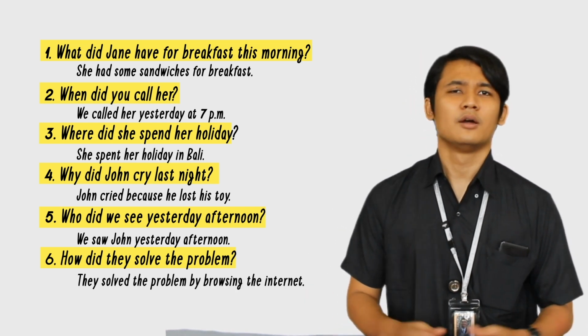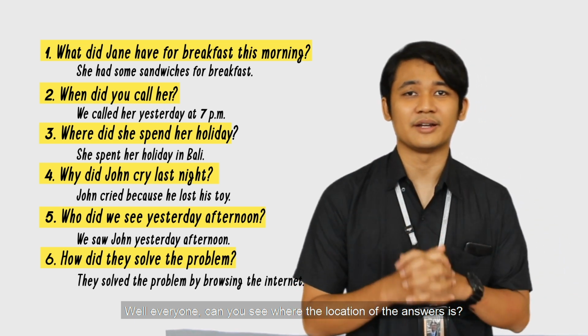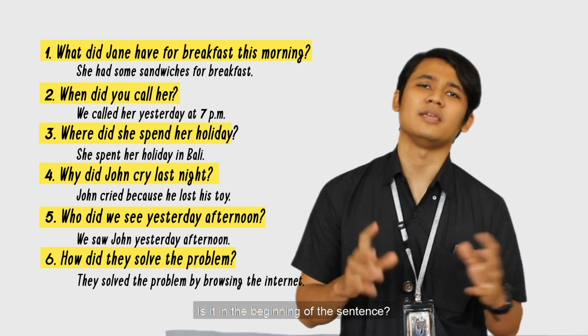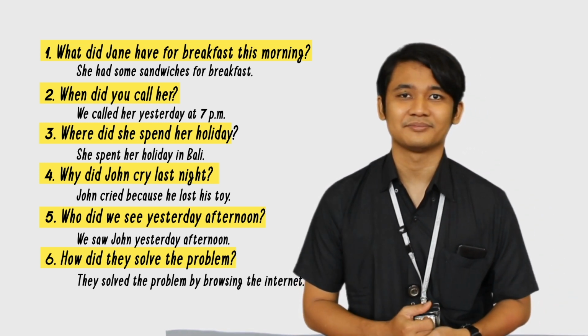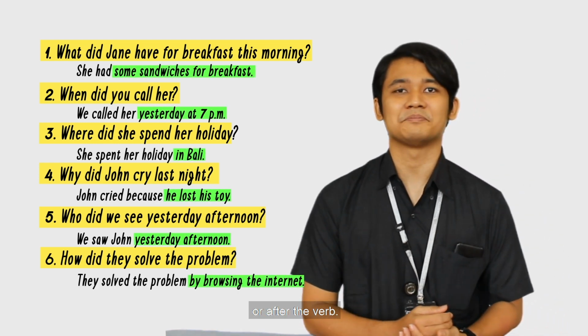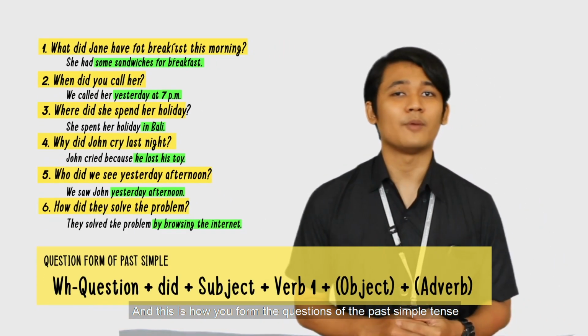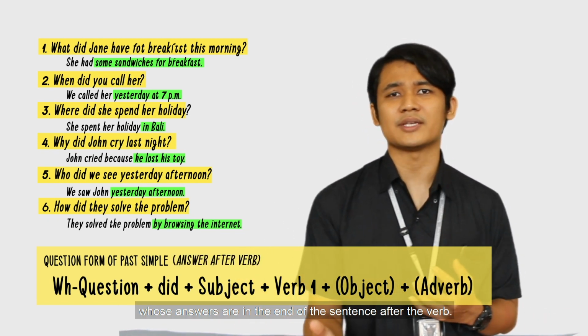Well done. Well everyone, can you see where the location of the answer is? Is it in the beginning of the sentence or in the end of the sentence? Well, it's in the end of the sentence or after the verb. And that's how you form the questions of the past simple tense whose answers are in the end of the sentence or after the verb.